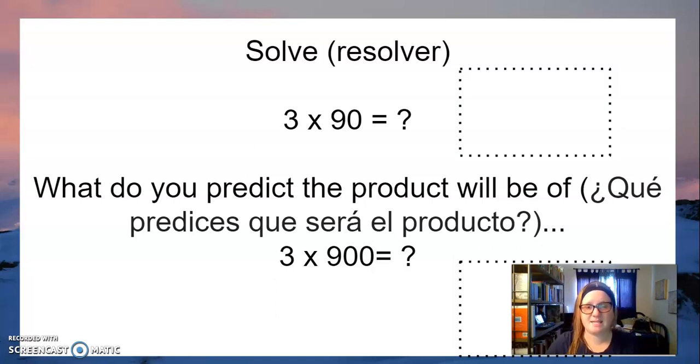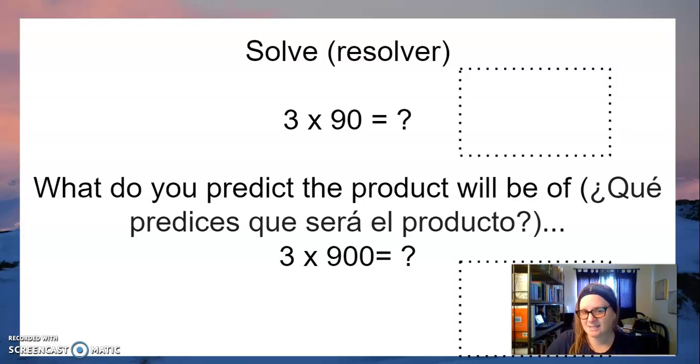So 3 times 90 would be 270, okay? Because 3 times 9 is 27. You add a 0 at the end, so it'd be 270. 3 times 900 would be 2,700 because I added 2 zeros at the end of 3 times 9.